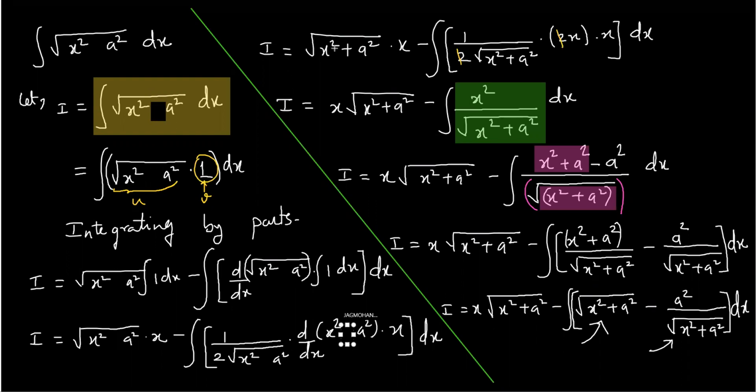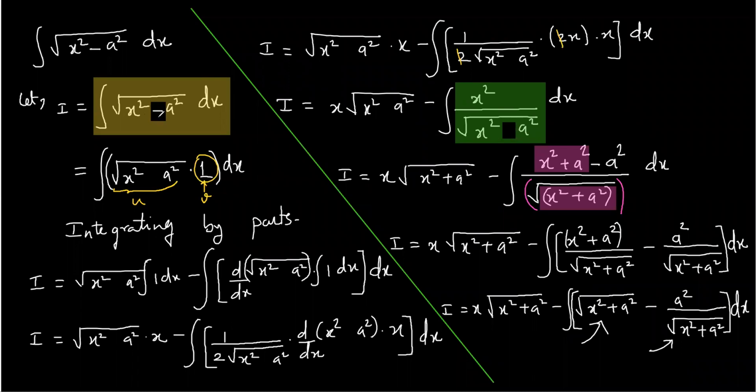So see, what do I get? Till here I'll be getting this much. Here it is x square minus a square.